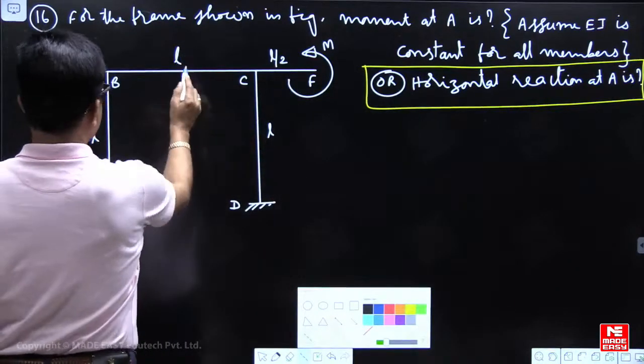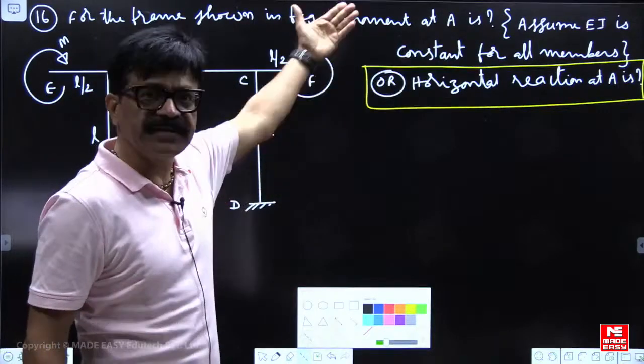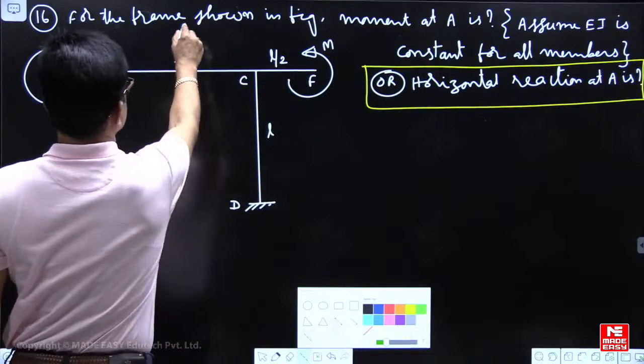See, this is symmetrical, this is clockwise. If this is also clockwise, say, then we cannot take the advantage of symmetry. This is your axis of symmetry.